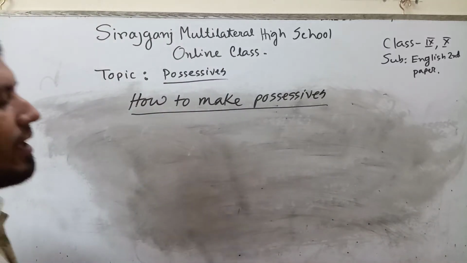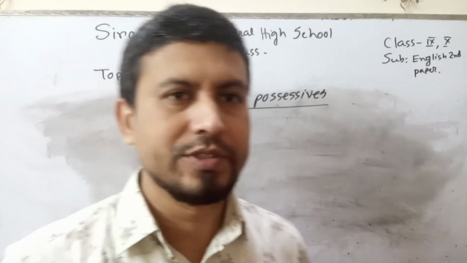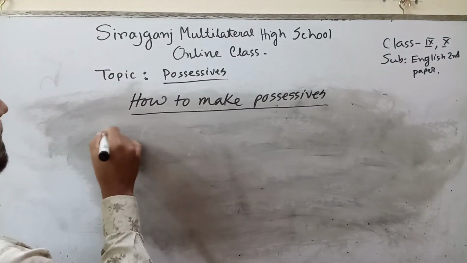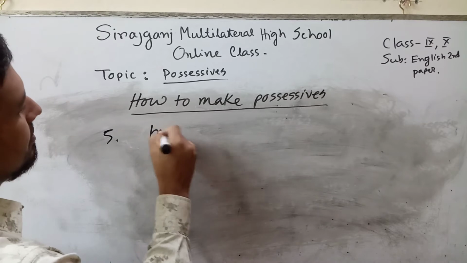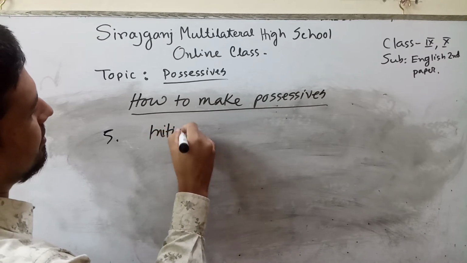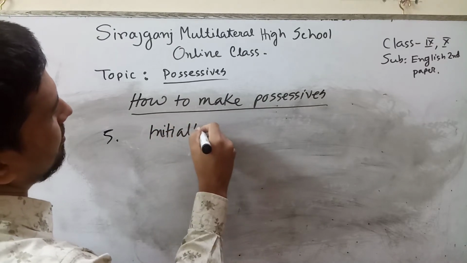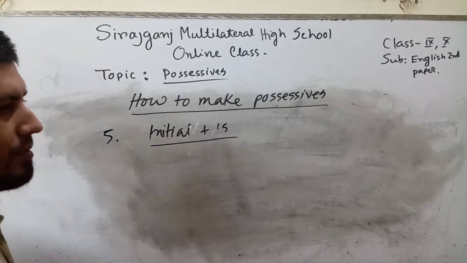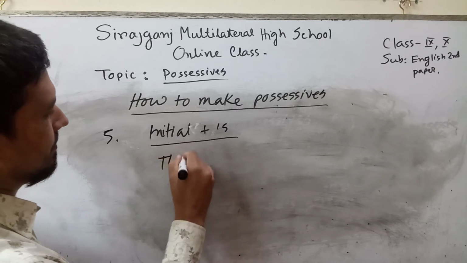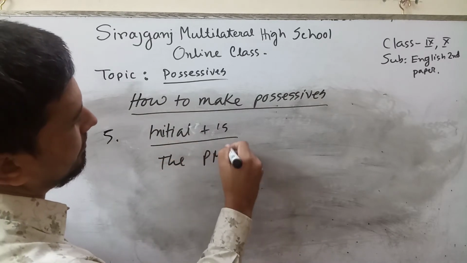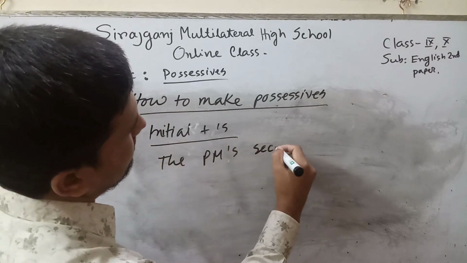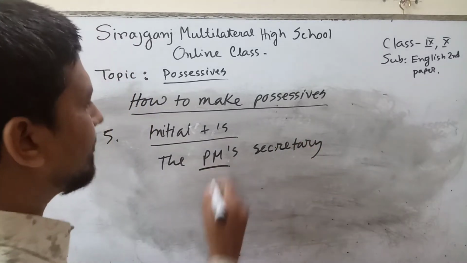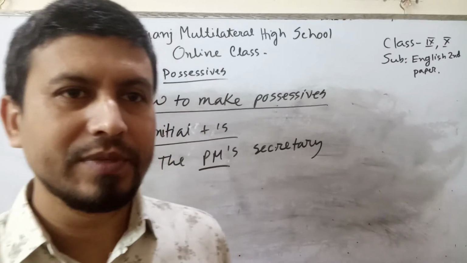You know, there are some initials where we use the possessive, that is initial plus apostrophe s. For example, PM's secretary. PM means Prime Minister.